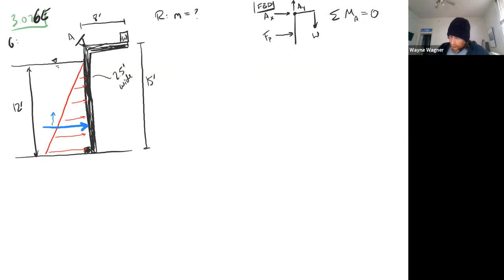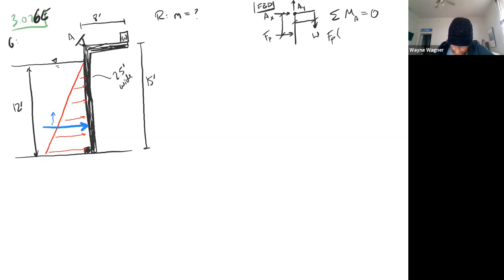In other words, the nice thing about this is that there's a moment arm right here for this force of pressure, and there's a moment arm right here for this weight. So this equation is going to look like F_P times its moment arm, which I don't really have a name for.